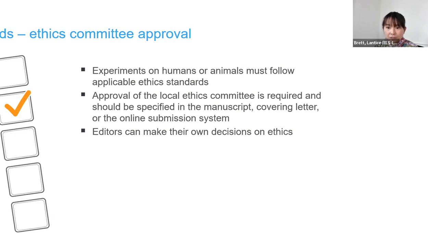Approval of a local ethics committee is required and should always be specified at this point in the manuscript, covering letter, or the online submission system. However, even approval of the local ethics committee does not guarantee that the editors will also agree that the work was done in an acceptable manner.